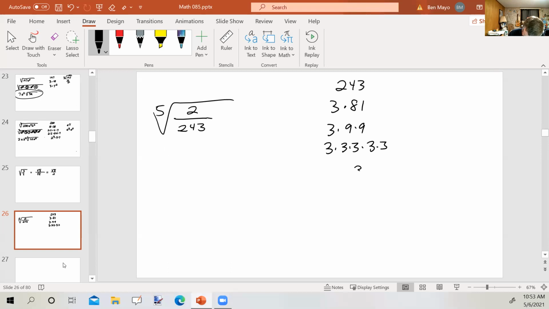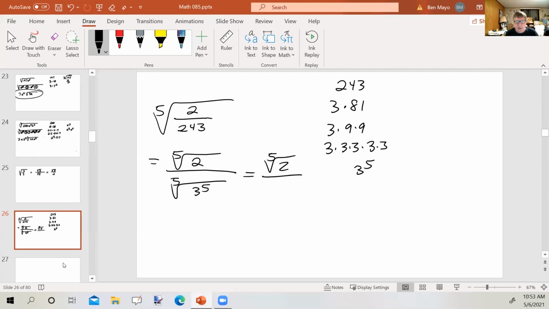And 9 is 3 times 3. Oh, so I've got 3 to the 5th power. So this could be written as the 5th root of 2 over the 5th root of 3 to the 5th power, which gives us the 5th root of 2 in the numerator. But the 5th root of 3 to the 5th power is going to be just 3.